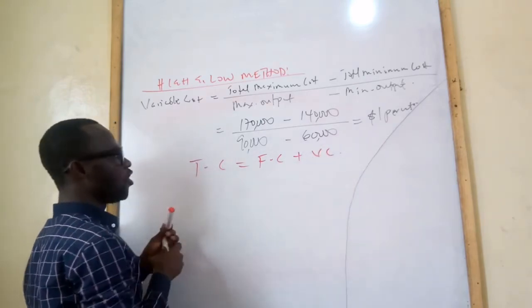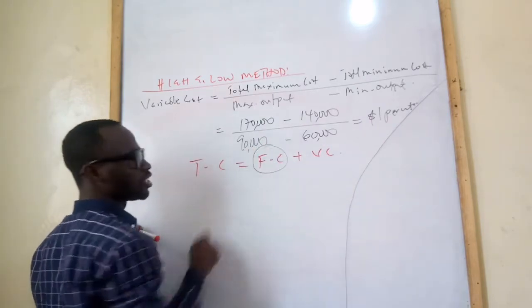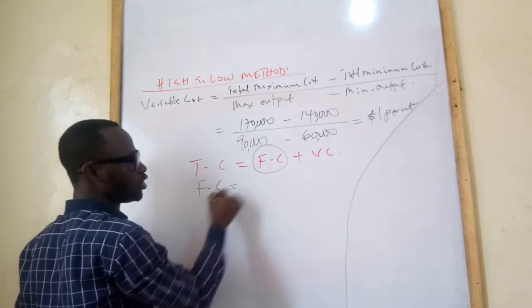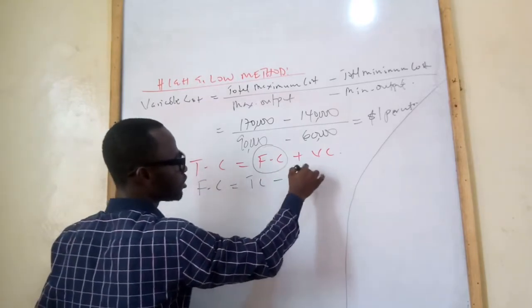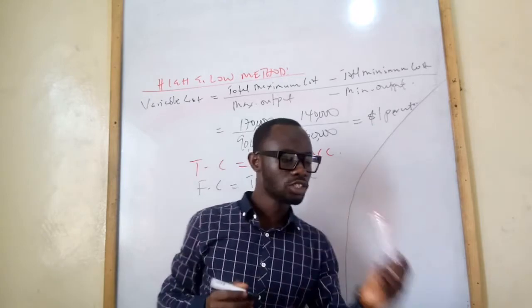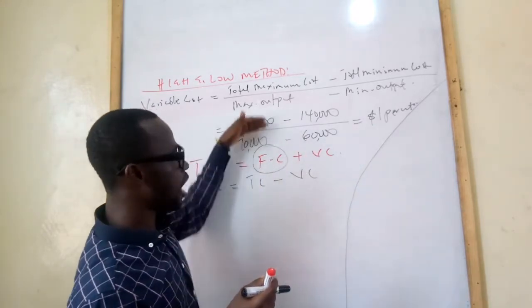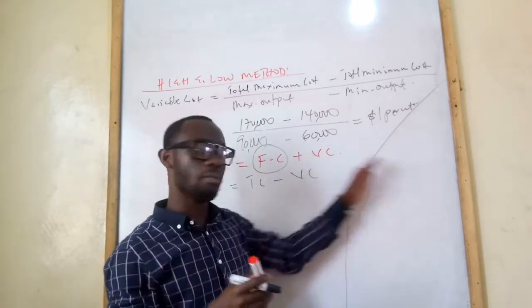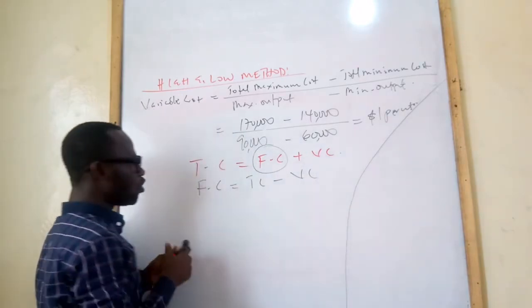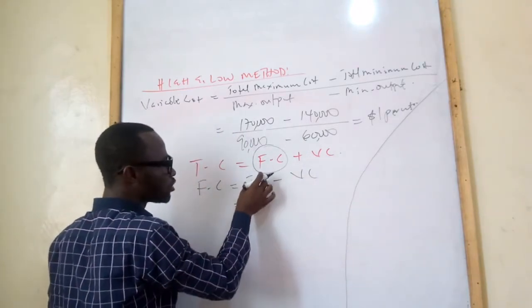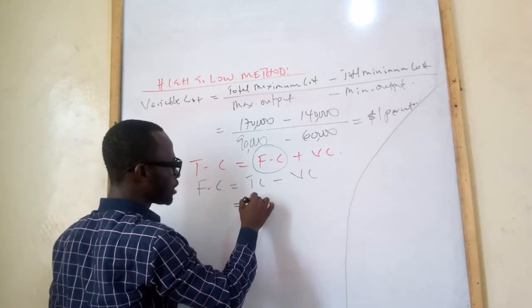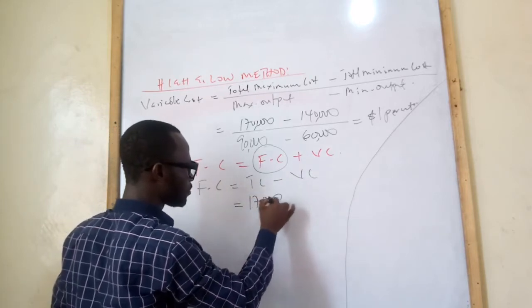Now you know that total cost is equal to your fixed cost plus variable cost. So if you are looking for this fixed cost, the fixed cost is going to be your total cost minus your variable cost. And we are going to be using the maximum outputs as the basis for making this decision. So how do we get our fixed cost?